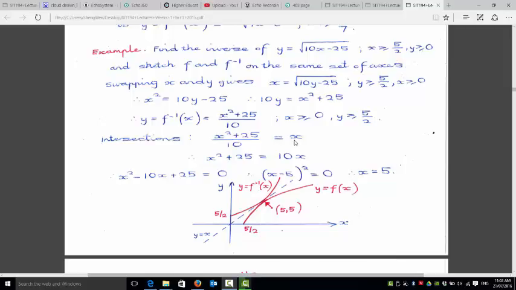And finally we found that x is equal to 5, and at this moment we understand that the point 5 is the intersection point.